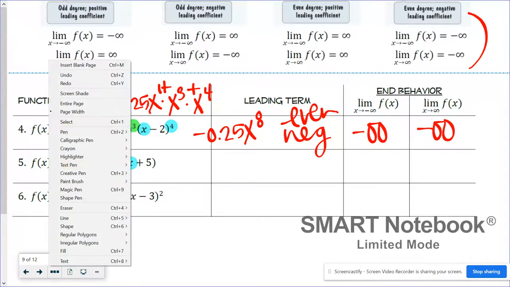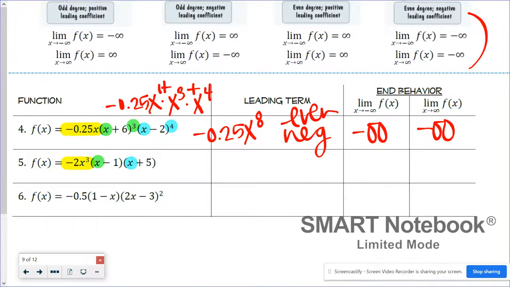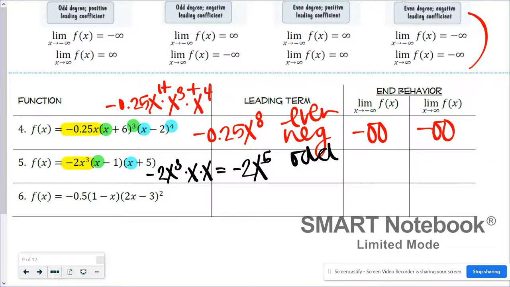So if I multiply all those leading terms together, I'm going negative 2x cubed times x times x. When I put that all together, I get negative 2x to the 5th. This is an odd degree polynomial with a negative coefficient, and odd negatives have the end behavior of positive infinity on the left and negative infinity on the right.